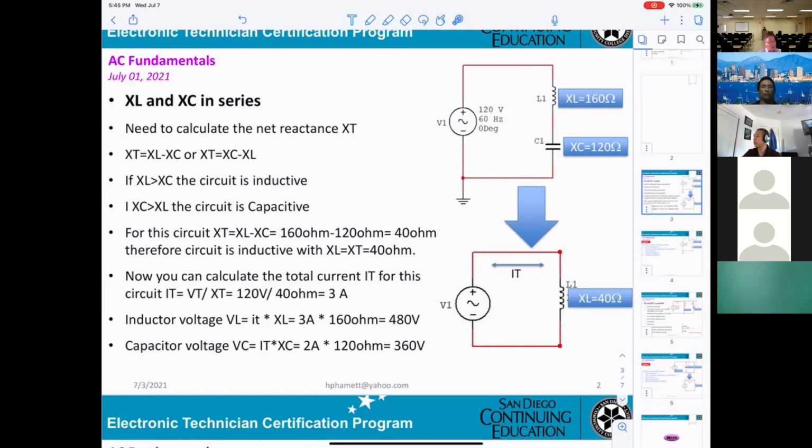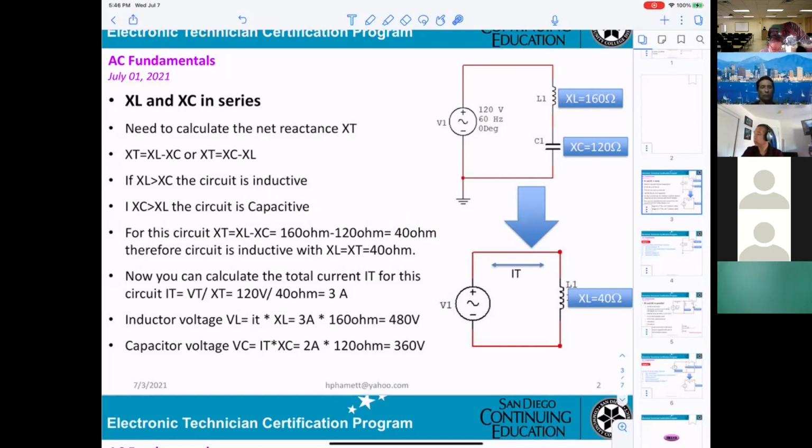What they're looking for is to see which one is bigger. If XL is greater than XC, then the circuitry will be inductive, dominated by inductive. And if XC is greater than XL, then the circuitry will be capacitive. For this circuitry, XT equals XL minus XC, 160 ohm minus 120 ohm. So you get 40 ohm.